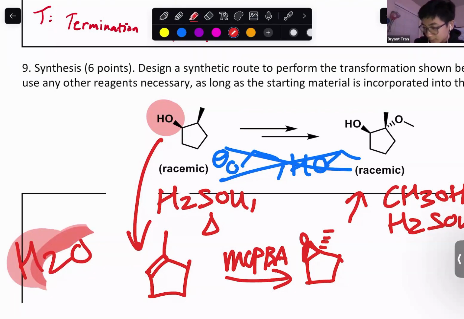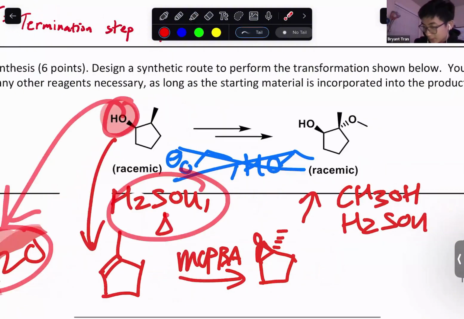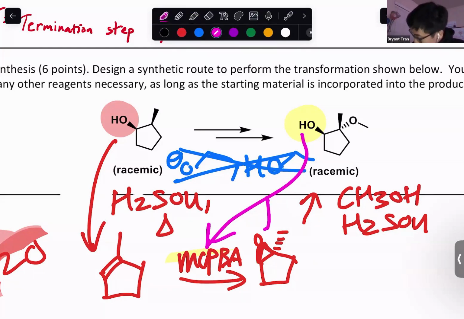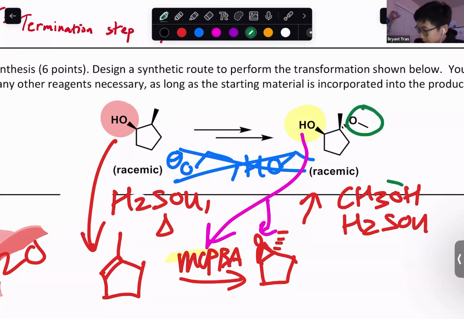When you draw out the whole mechanism with H2SO4 and heat, this OH will leave as a water leaving group. But if I highlight the OH in the product in yellow, that's somewhere in the MCPBA. So that's deceptive right there. That's this epoxide oxygen, which is not the OH originally. And this OR here, OCH3, is coming from this OR right there.